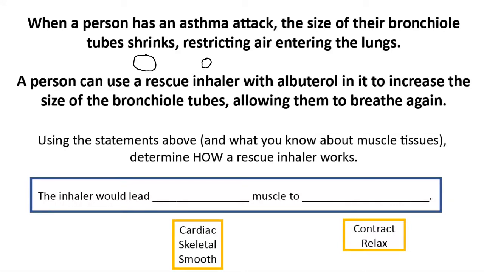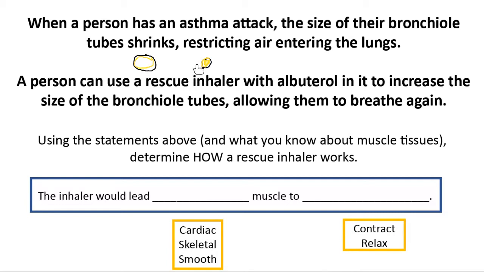The other thing that happens, you'll probably talk about this in A&P2, is that as the tube gets smaller, you still have mucus that lines these tubes, except there's not as much space, so the mucus feels like it's thicker. So someone having an asthma attack went from having a lot of space for air to very little space for air.